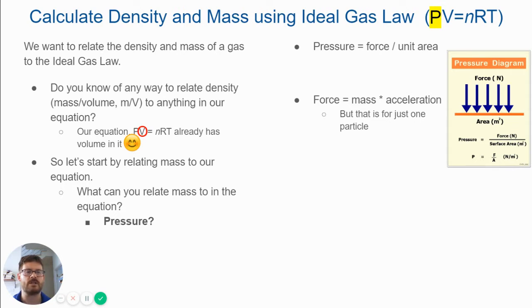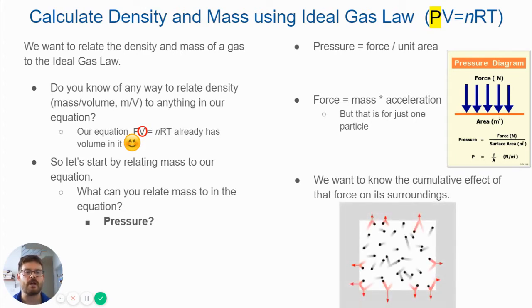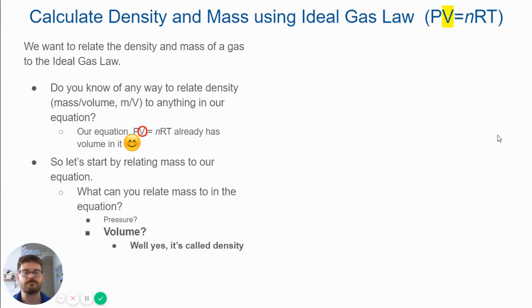We are interested in the cumulative effect when we're talking about pressure. Gas pressure has many particles applying a force, and that force is different for each particle based off of how fast it's moving and how big it is. So pressure and mass aren't really going to relate very well for us.